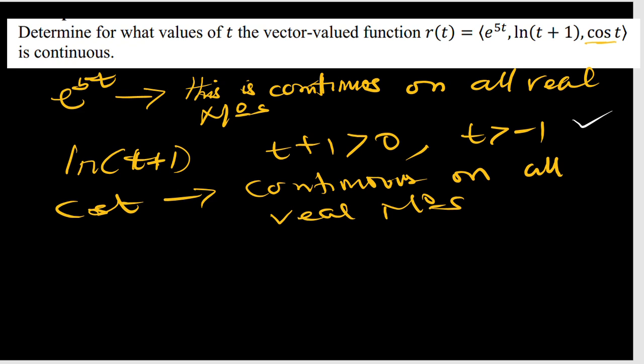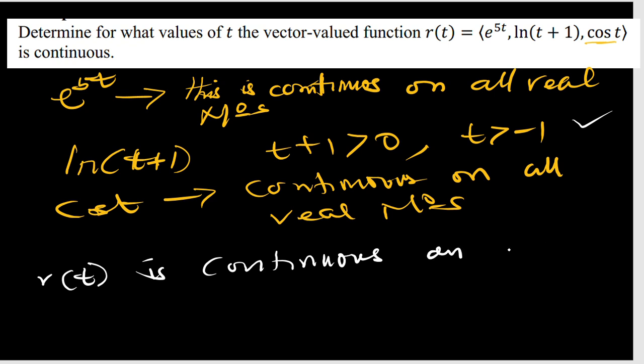So in fact, our r of t is continuous on the range t is greater than negative 1, which can be written as from negative 1, open at negative 1, to positive infinity.